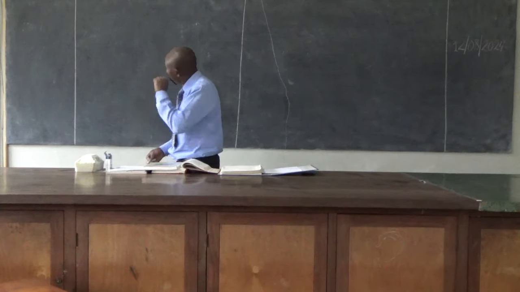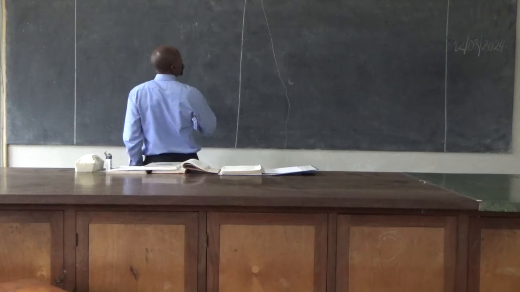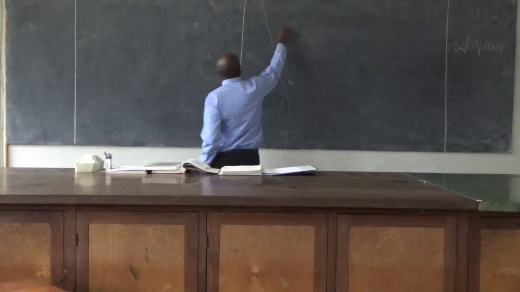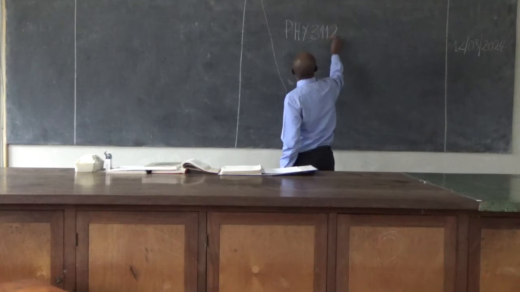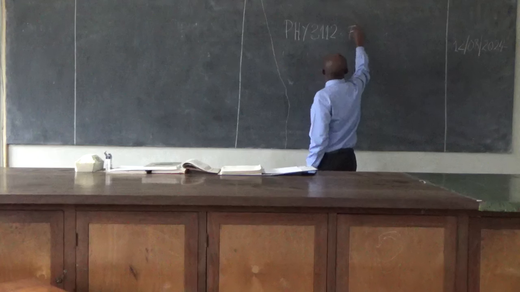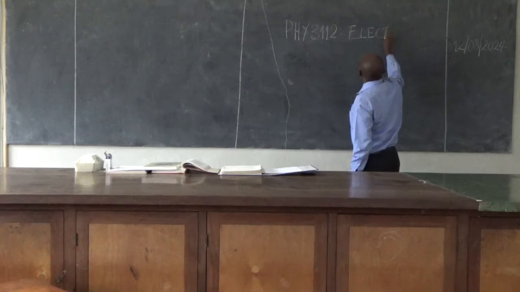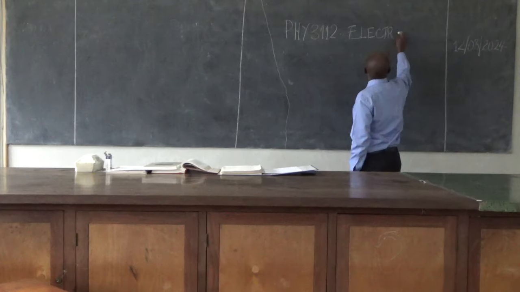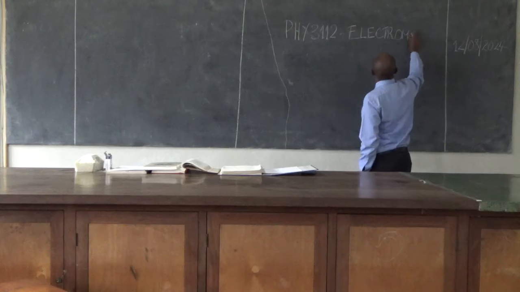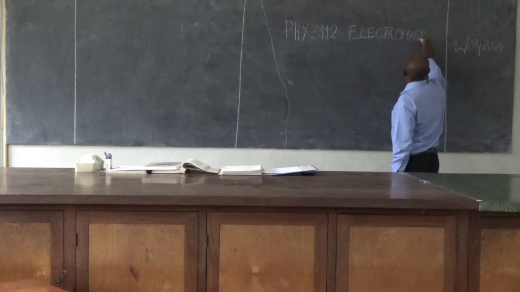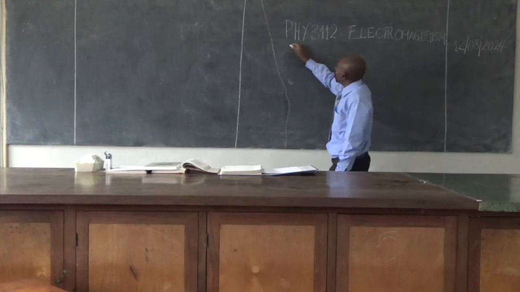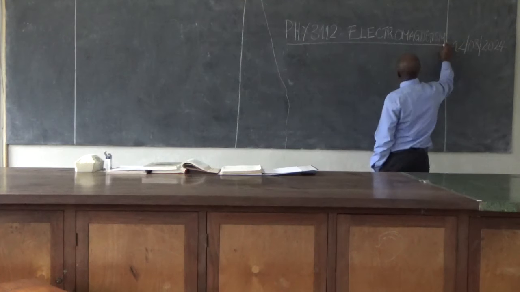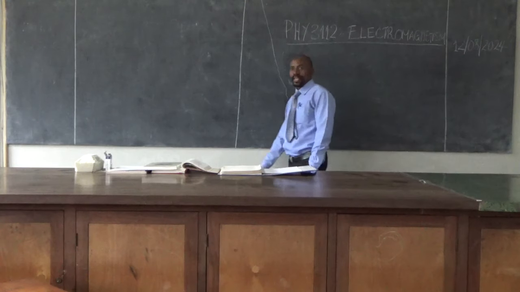Okay, so we go for THY 3112, which is a little bit of the applications of electricity and magnetism. So we shall get an introduction to telecommunication engineering in one way or another.